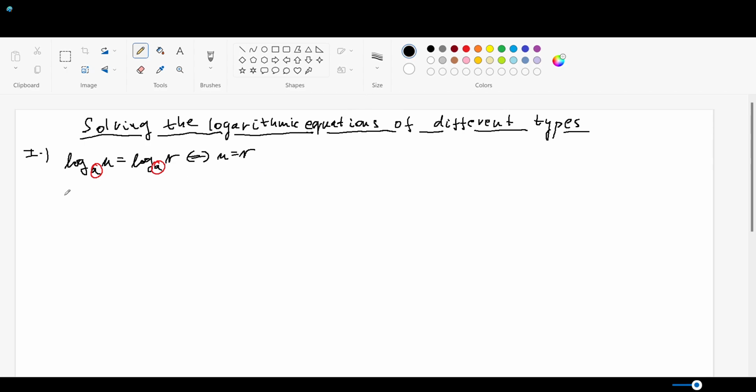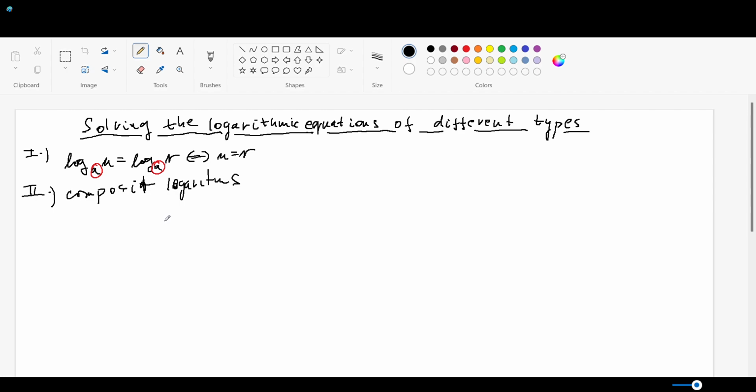The second type of logarithmic equation could be called solving composite logarithms, which means that you will find an equation which is a composite of 1, 2, 3, maybe sometimes more, but you won't quite often find more than 3.